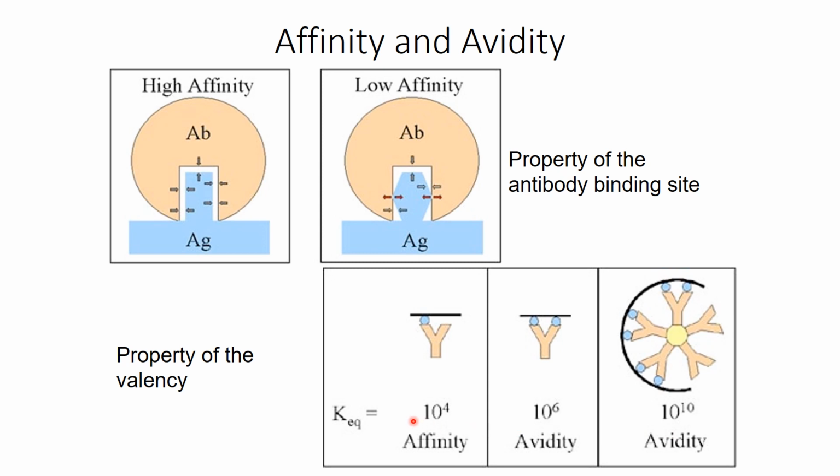So initial just binding is affinity, and then as the value of K at equilibrium increases, it turns from affinity to avidity. Antigen antibody binding moves all the way towards multiple antigen antibody binding, and that binding is in fact binding in serum.